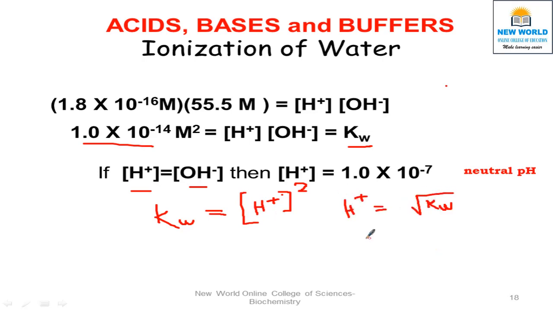The concentration of hydroxide ion is also the same, the square root of Kw. When you multiply these two you get 1 times 10 to the power of minus 14, and the square root of this gives you 10 to the power of minus 7.